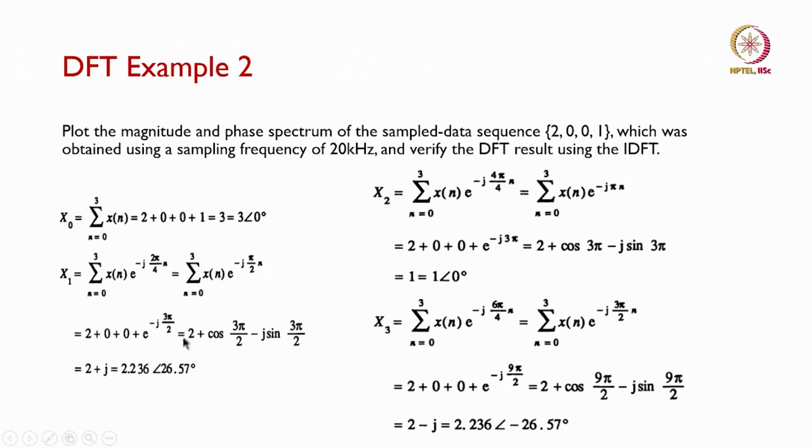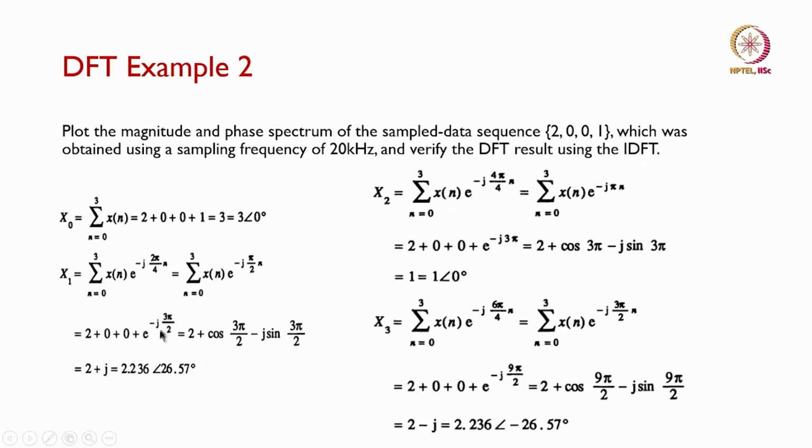When you expand your summation, the first value x of 0 is 2, and the other two values we have taken for simplicity are 0, and the last one is 1 when n is equal to 3. So this becomes e power minus j 3 pi by 2.